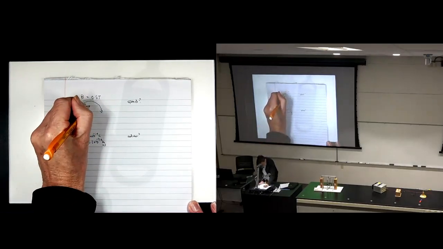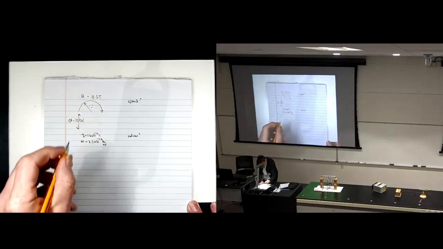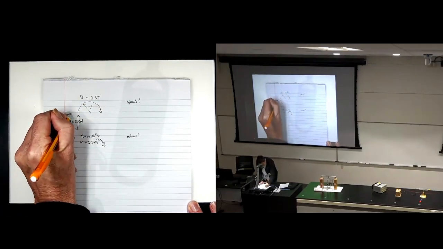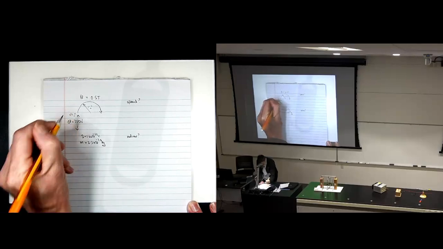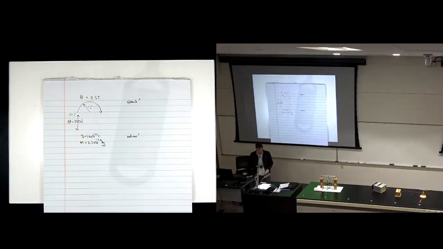So to find R, I've got to first find, I'll just write it as a little v here, that velocity or that speed here. And so there's really 2 parts of this problem. I'm going to use my test 1 knowledge of electricity to find the speed, and then I'm going to use my test 2 knowledge of the magnetic field equation to find the radius of the orbit. So let's go ahead and do that.